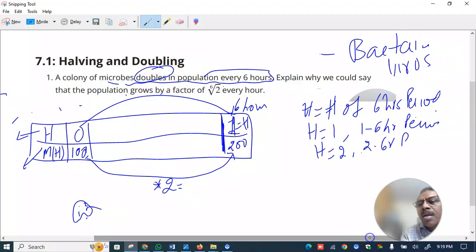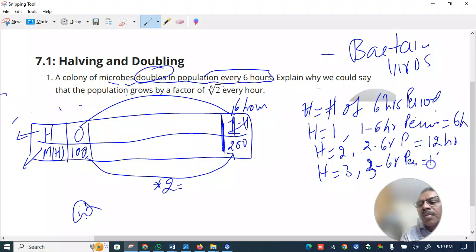So basically this is 6 hours, and this will be 12 hours because 2 times 6 is 12 hours. And if I choose 3, there are three 6 hour periods, that means 3 times 6 is 18 hours.